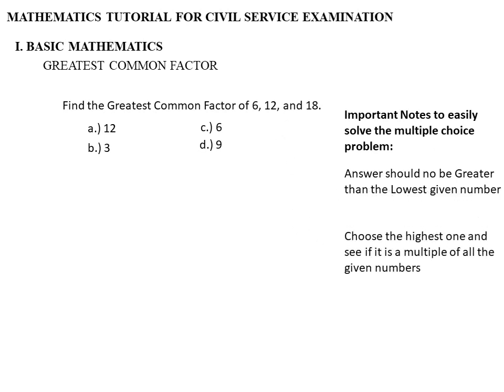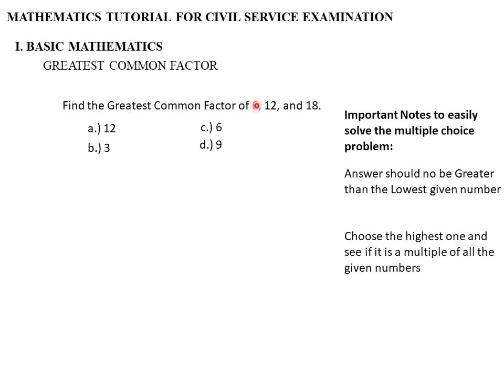Another hint is to choose the highest one and see if it is a factor of the given numbers. This is not a multiple, this should be a factor. So the answer should not be greater than the lowest.